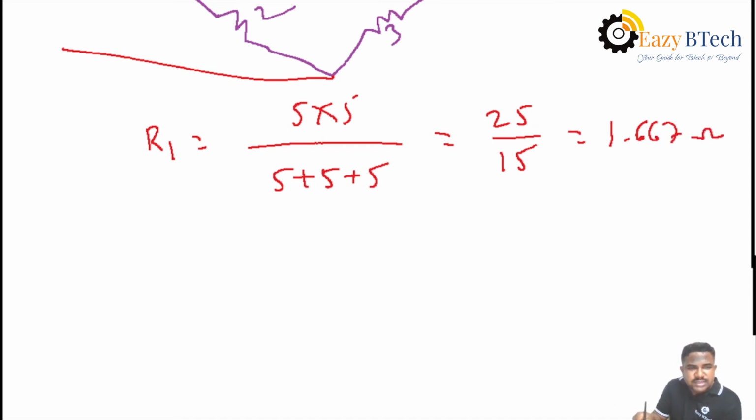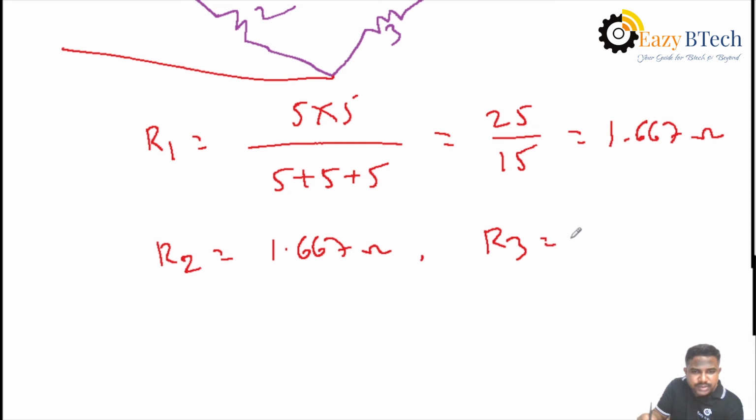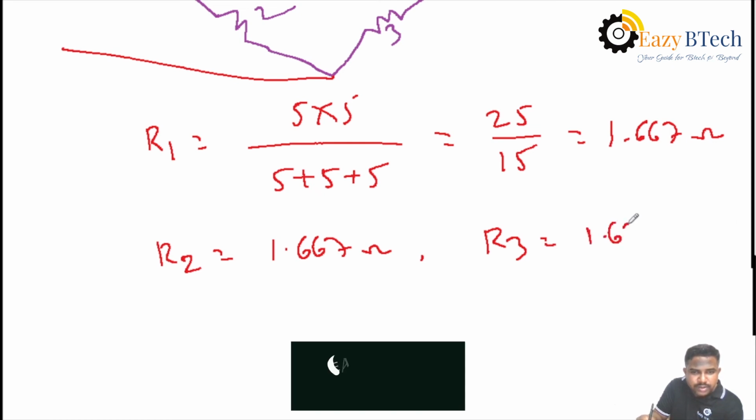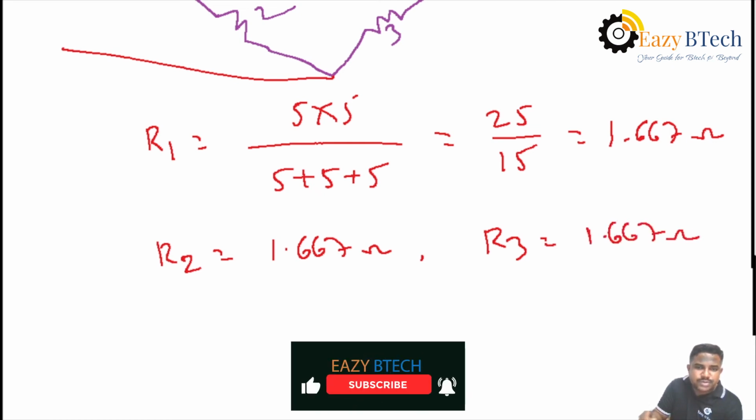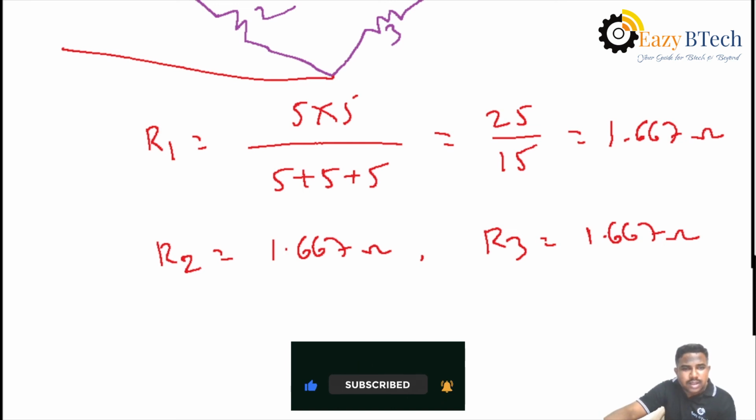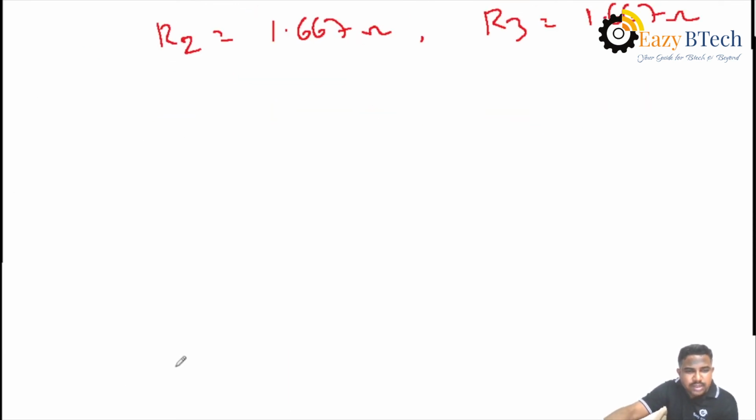Similarly R2: the given delta has equal values, all 5, that's why we are obtaining the same value, 1.667 ohms. Similarly R3 will be 1.667 ohms. Then, after finding the values, you can delete the delta network.